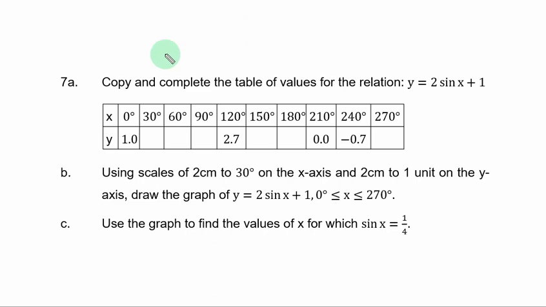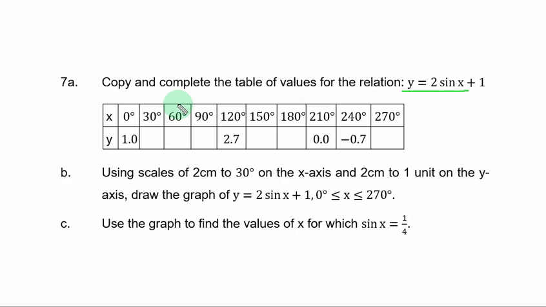Question 7a, copy and complete the table of values for the relation y equal to 2 sine s plus 1. You have the table of values with some missing y values, and of course you are expected to get them.